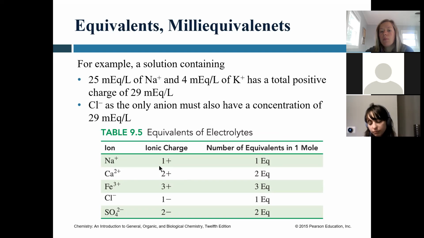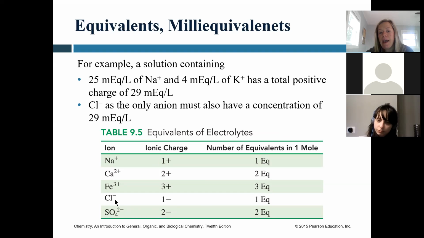This charge is a 2+. For 1 mole of this, I'm actually getting more bang for my buck. I'm getting 2 equivalents because the charge is twice the magnitude. If I have iron with a 3+ charge, in 1 mole of this material, I'm going to get 3 equivalents, or 3 bang for my bucks. I get more equivalents the larger the charge is.